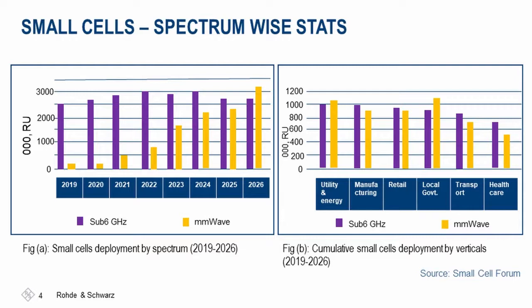And then you also have a graph here about the small cell deployments by verticals. This is a cumulative value. And if you see here, across the different verticals like utility, energy, manufacturing, retail, local government, transport, and healthcare, there is no clear winner between the FR1 and FR2. They both play an equal role when it comes to vertical industries and private networks.